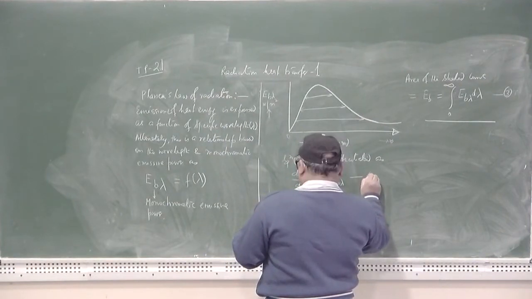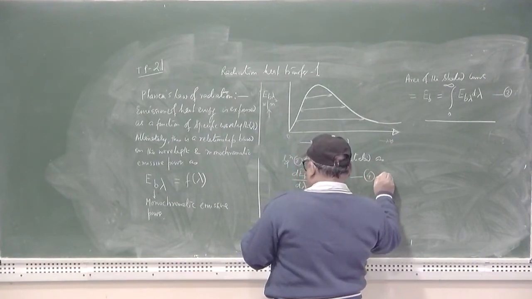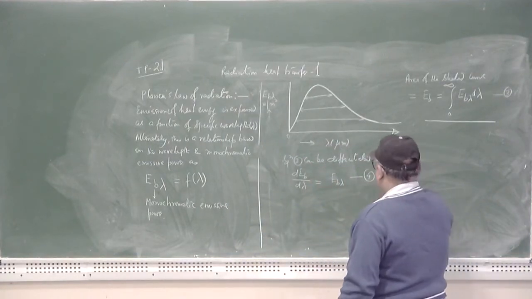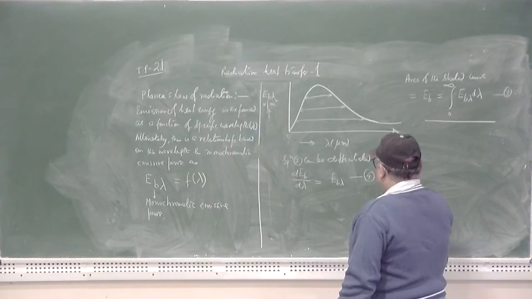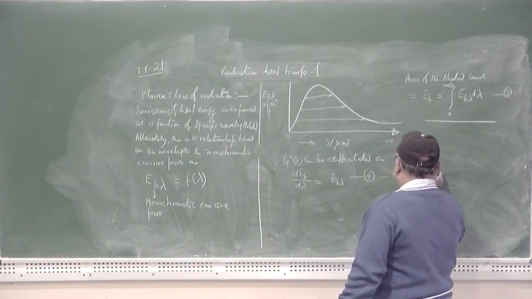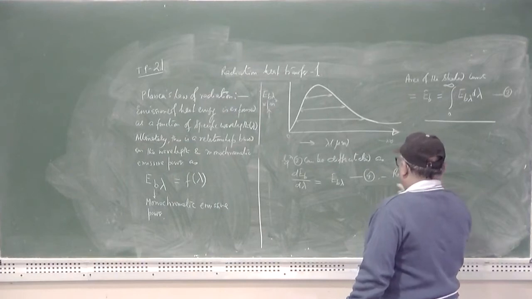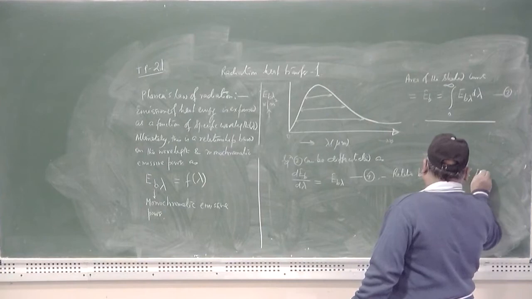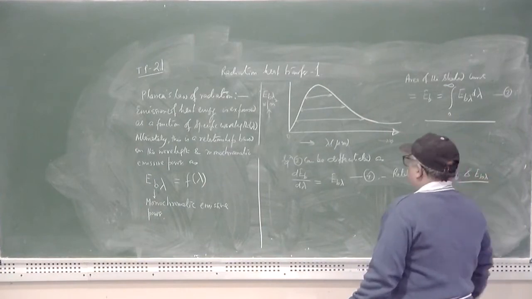Let it be equation number 4. This equation is a relation between the total emissive power, that is EB, and Eb lambda, that is the monochromatic emissive power.